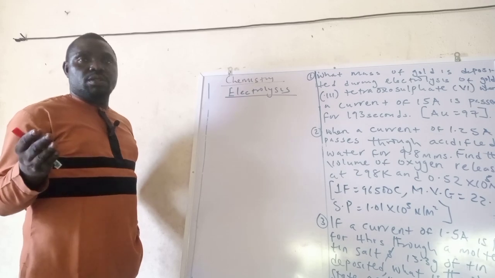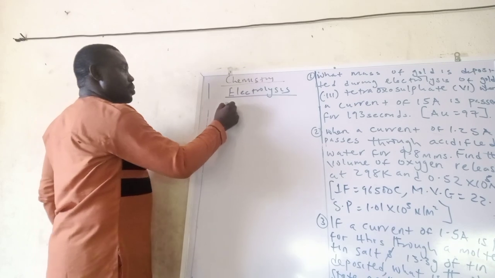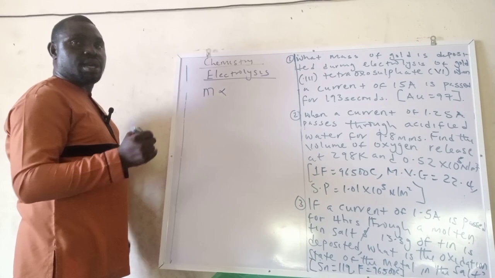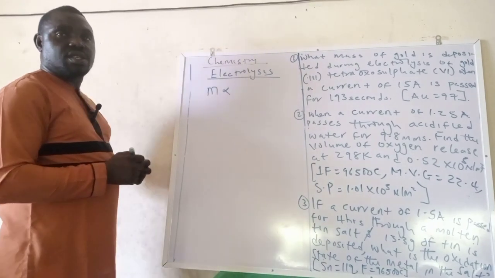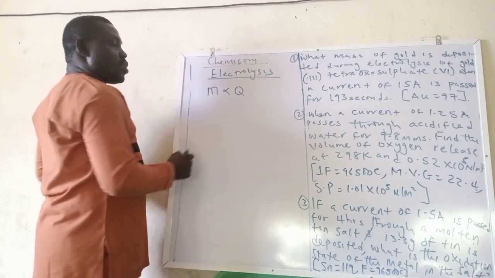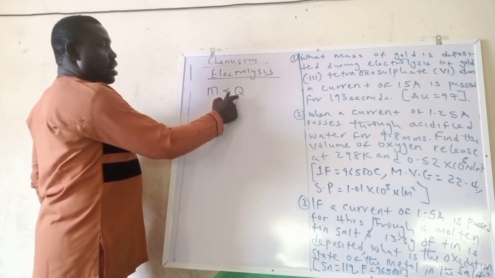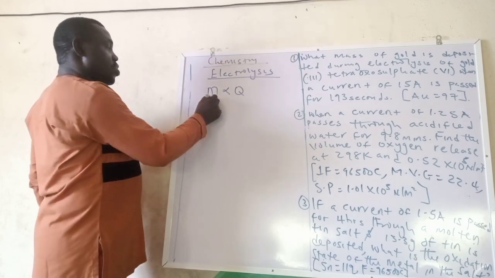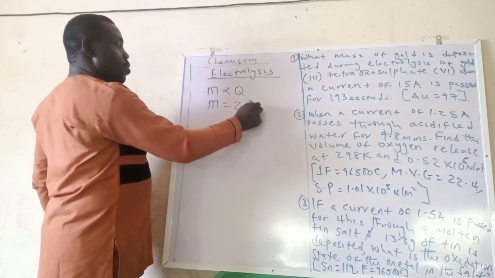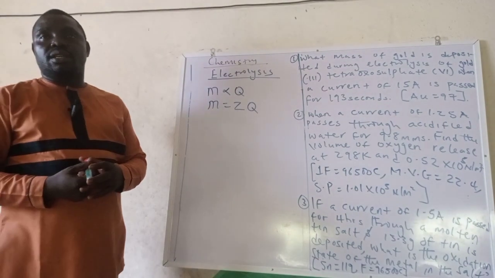For the first law, it states that the mass of an element liberated or deposited or dissolved is directly proportional to the quantity of electricity passing through it. So we have m = ZQ, where Z represents the chemical equivalence, which is a constant.